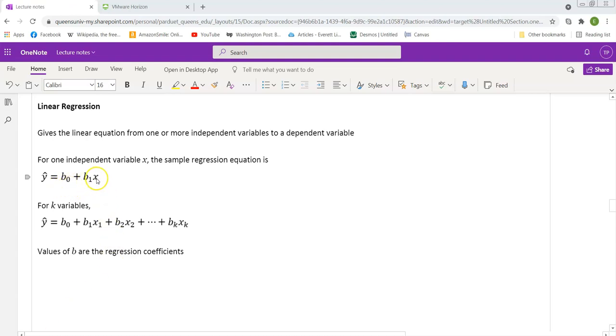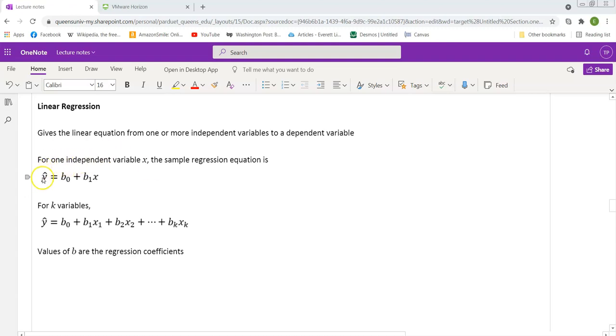All right, so to get started, suppose we take a sample and we've got a bunch of paired values x and y, and we want to use the x's to predict the y's in a linear equation. This is what that equation looks like. X is our independent variable, y is our dependent variable. This is a y with a hat on it, and it's actually called y hat.